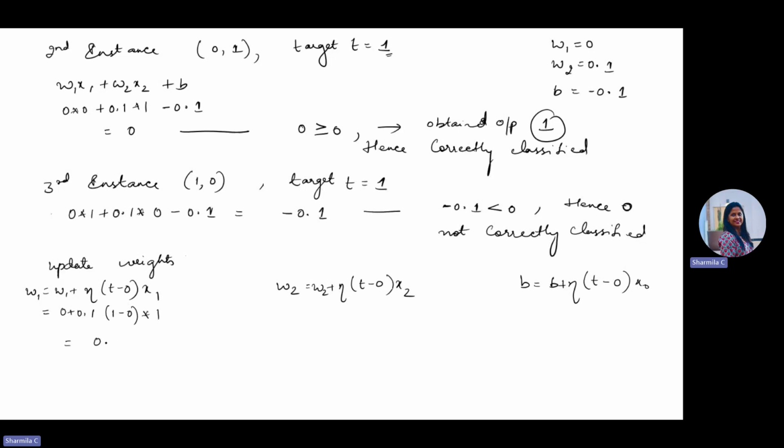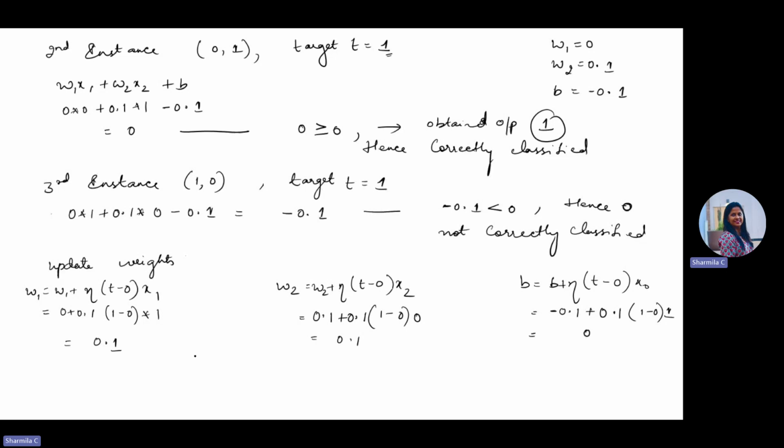What is the answer I get? It is 0.1 plus 0.1, then 1 minus 0 into 0, which is equal to 0.1. Then the bias is minus 0.1 plus 0.1 into 1 minus 0. X0 is always equal to 1.